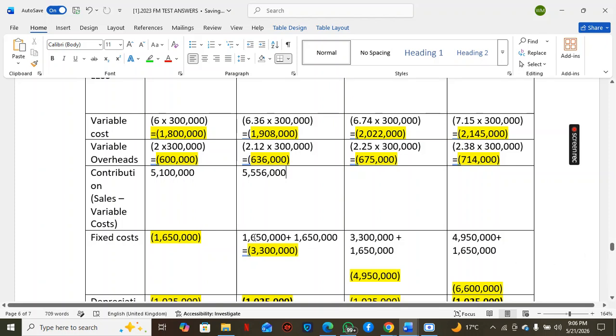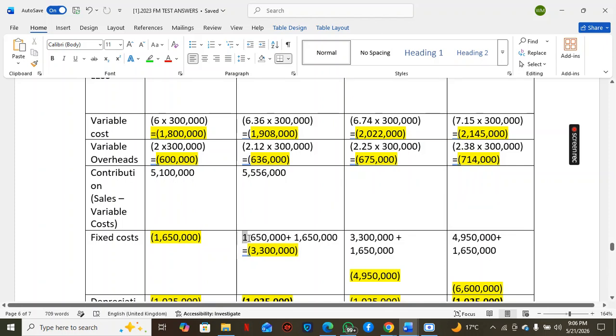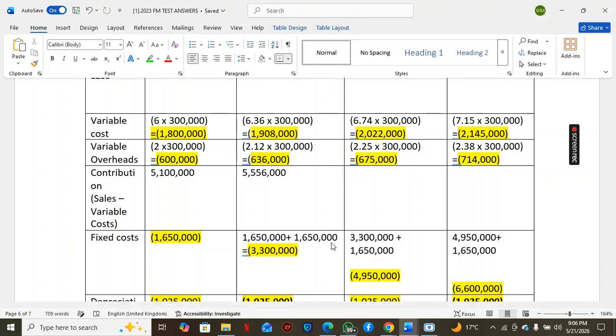So in year two, you say 1,650,000 plus 1,650,000, you get 3,300,000. Any questions?